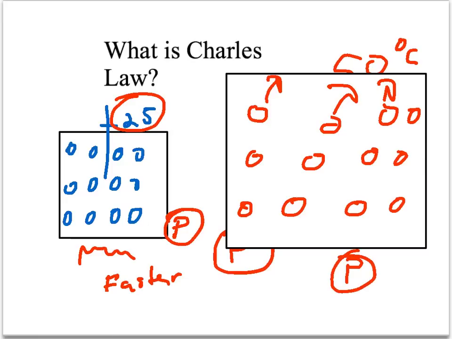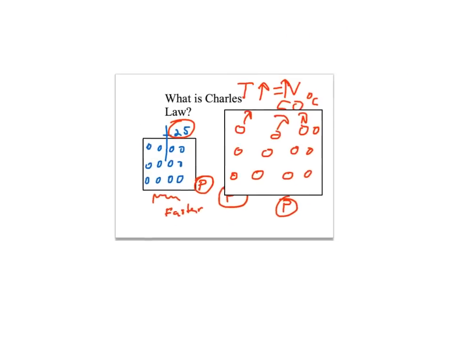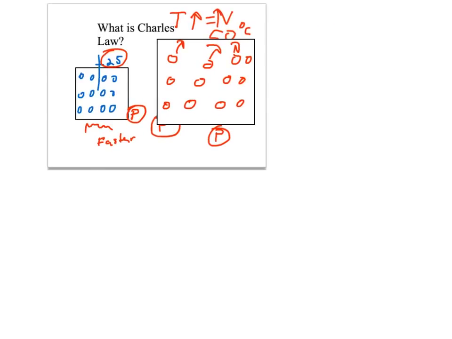In other words, if the number of particles stays the same, if temperature increases, you would also have to increase volume if you want pressure to stay the same in the two containers. I think I'll rewrite that right here. Shrink this up, move that over here.